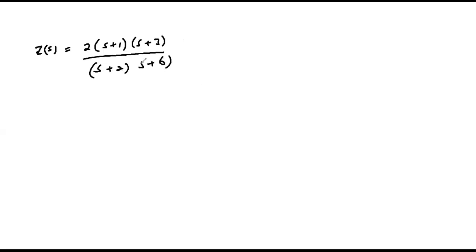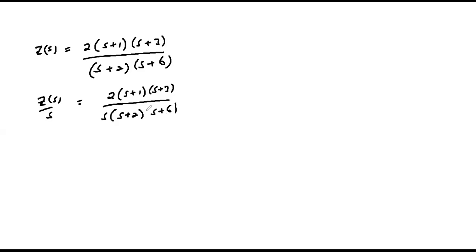Let's consider our transfer function Z of s, which was given by 2 times (s plus 1)(s plus 3) over (s plus 2)(s plus 6). We first divide Z of s by s and expand into partial fractions, which gives 2(s plus 1)(s plus 3) over s(s plus 2)(s plus 6).